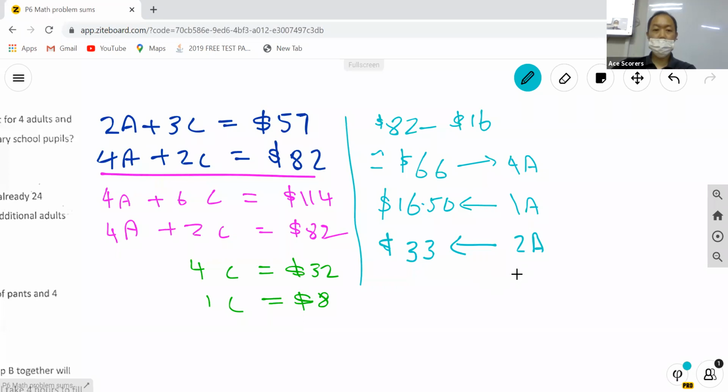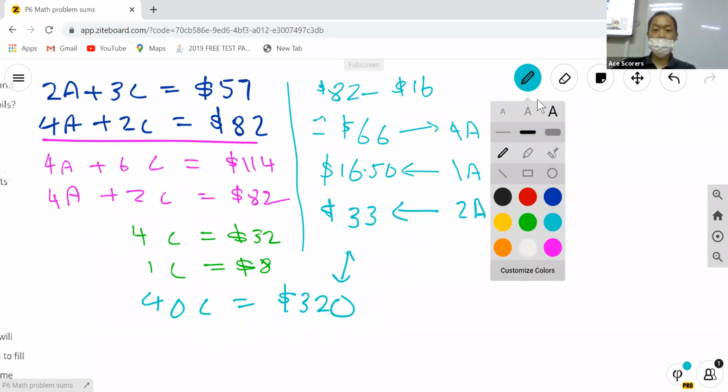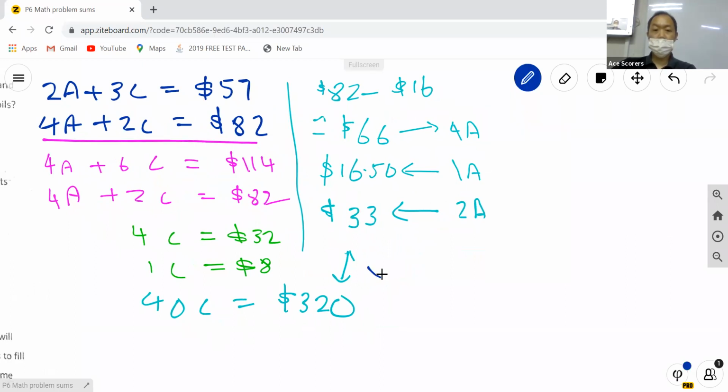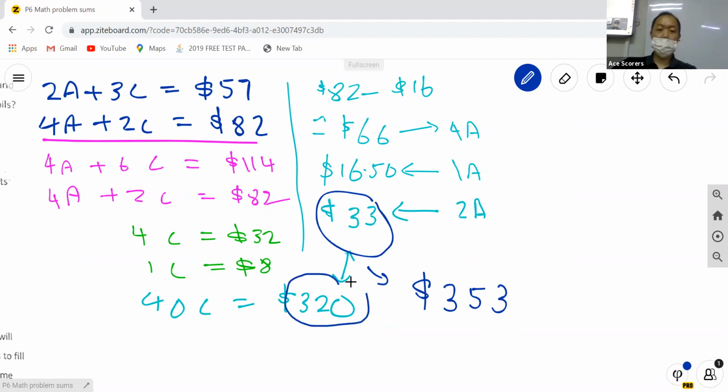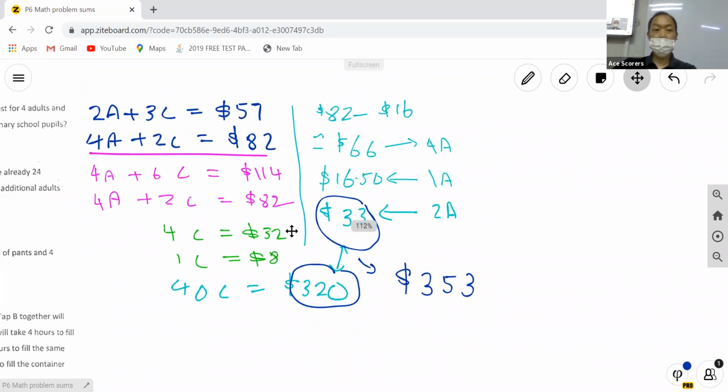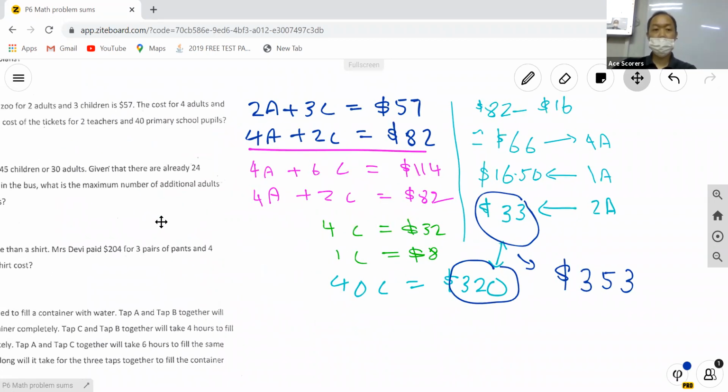One child is $8, so 40 children is 320. We add these two together. Total cost is 353. Very expensive, but it's for one whole class, so I think it's pretty okay. One class, 2 adults.